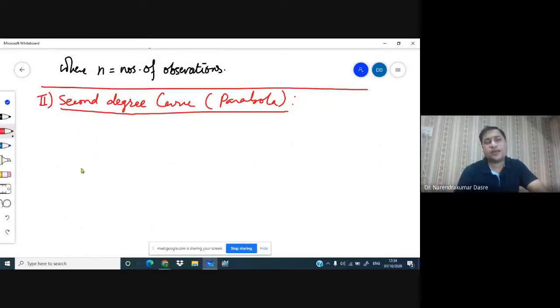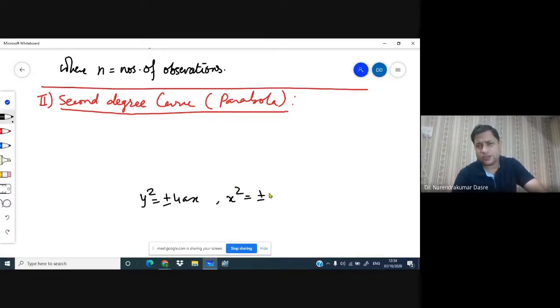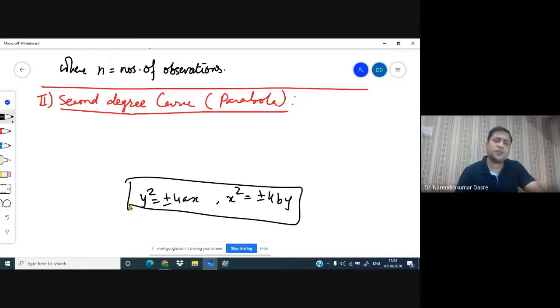So what we are aware of is y square is equal to plus or minus 4ax, and x square is equal to plus or minus 4by. Yeah, so these are the standard parabolas you are aware of, but the equation of a parabola is not exactly like this.